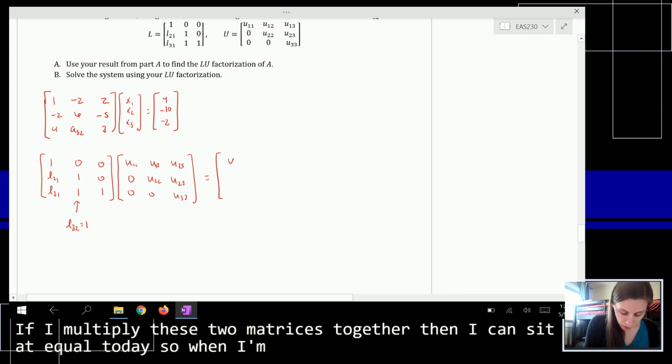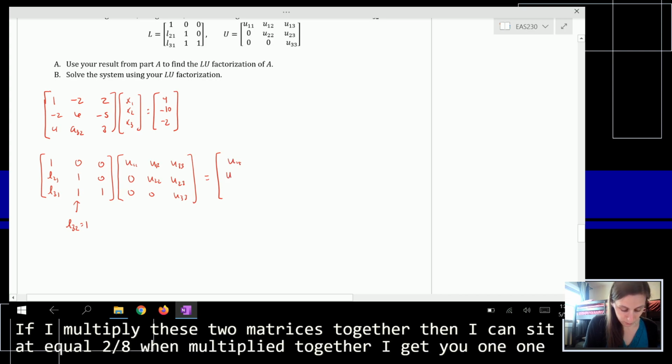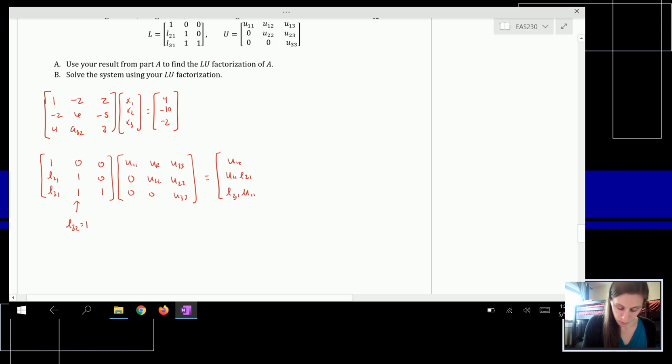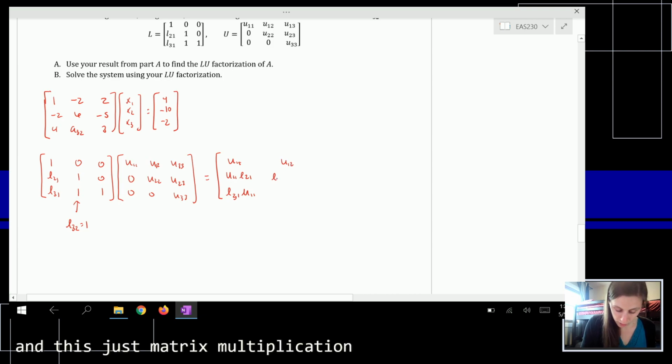So when I multiply it together, I get U11. And it's just matrix multiplication. The notes have it as well.